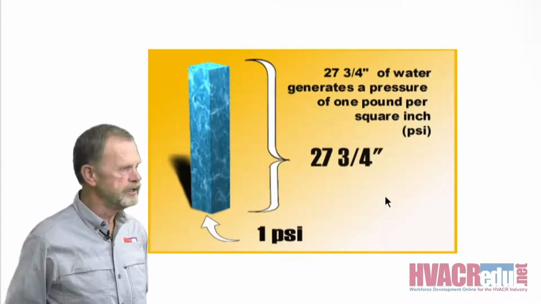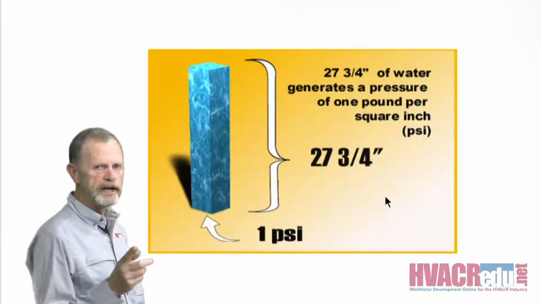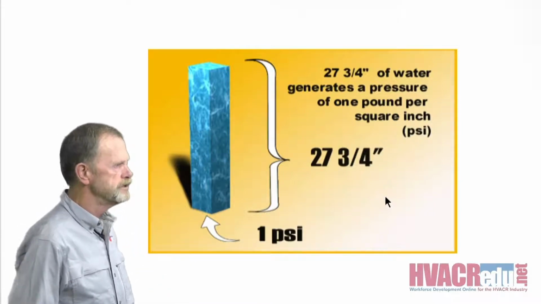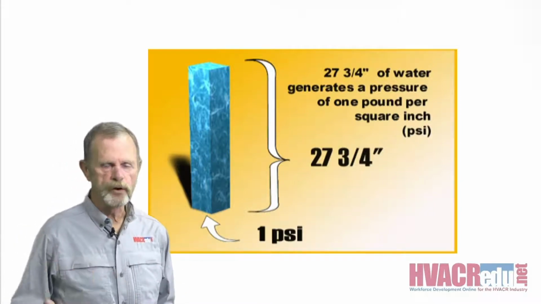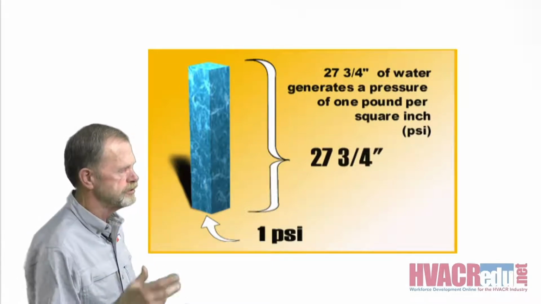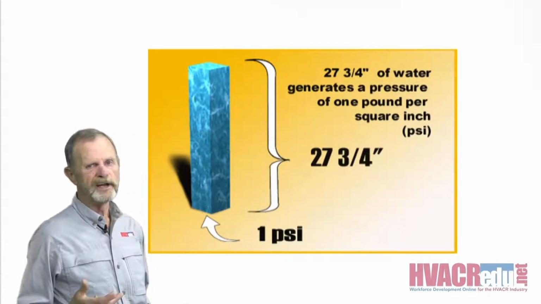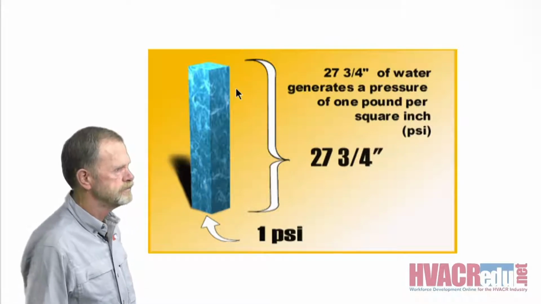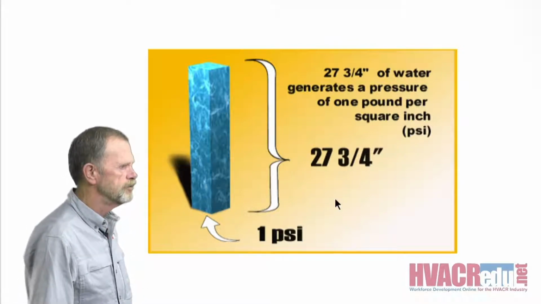It's also an interesting thing to know, especially if you're a wet head. If you don't know what a wet head is, it's somebody that works with a lot of water systems like boilers and chillers and so on. Those are called wet heads in our business. Here's a great example.